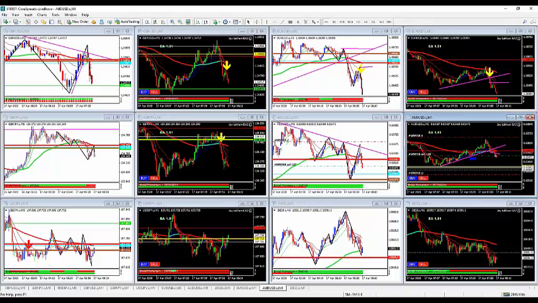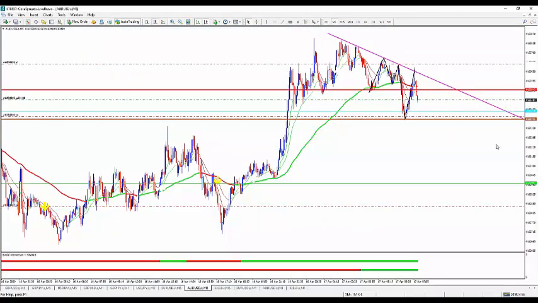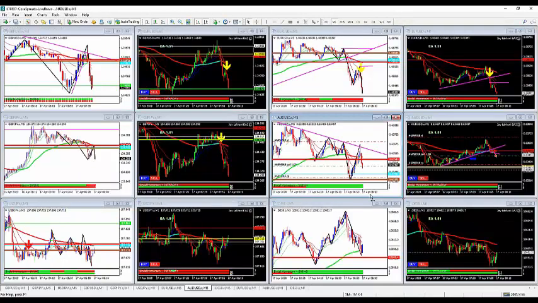Now, there's going to be some support here, so I could raise my target. My TP was just above the yellow. And my TP2, it's right up there. So the TP2 is big, right?